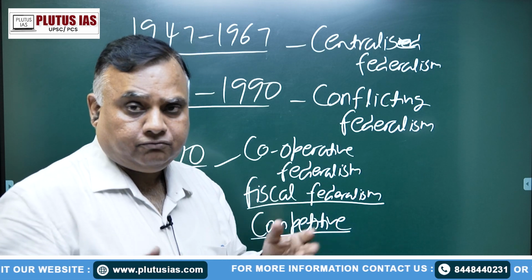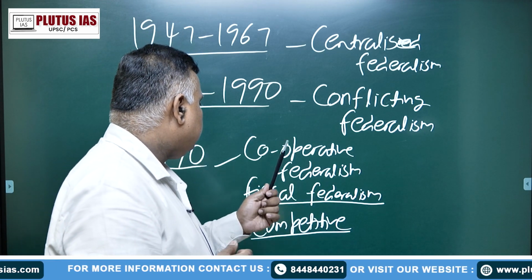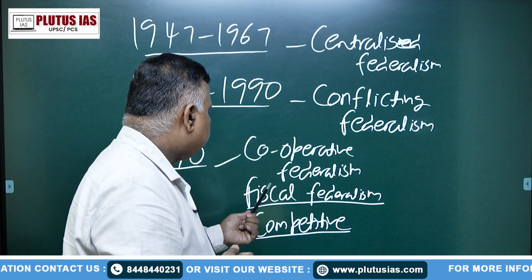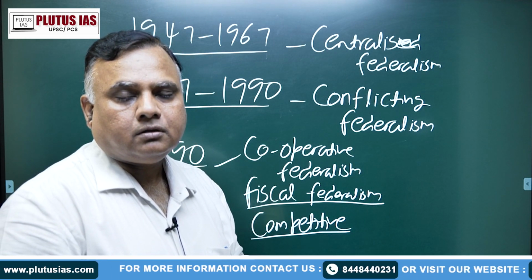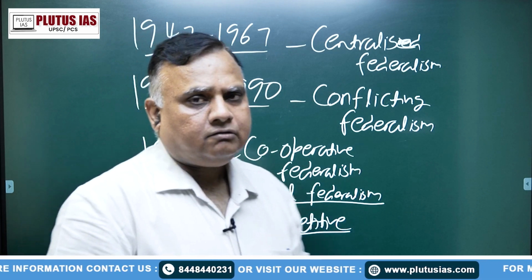They have their own sphere of work. So that is cooperative federalism, fiscal federalism, competitive federalism. These are the phases of federalism.